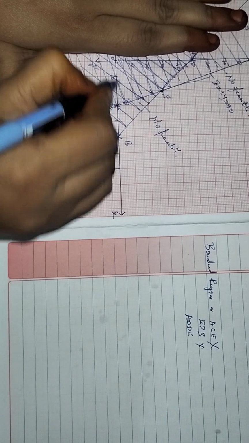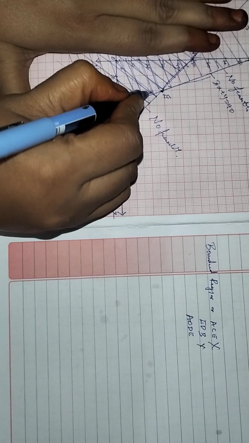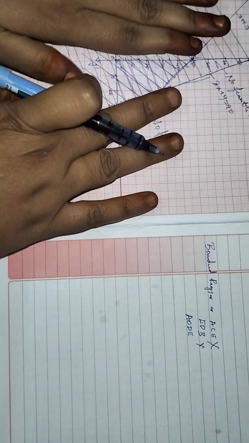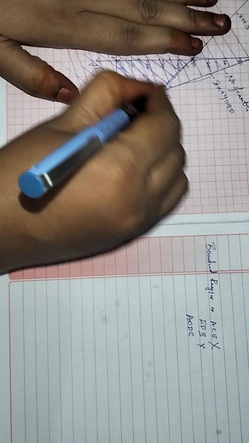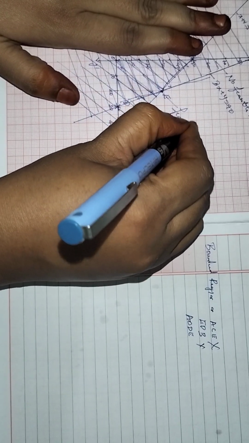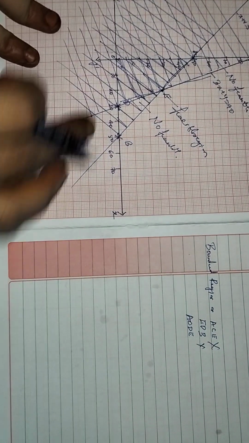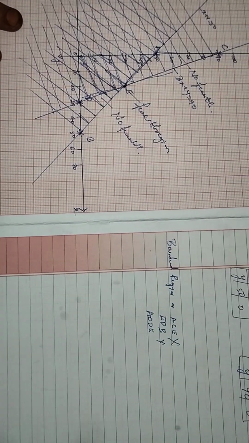I hope this is clear to you. This is the region. This is called the feasible region.